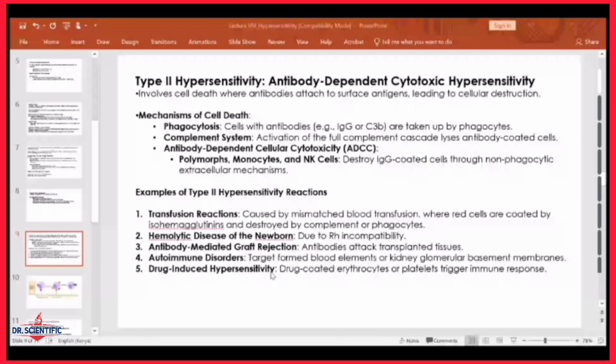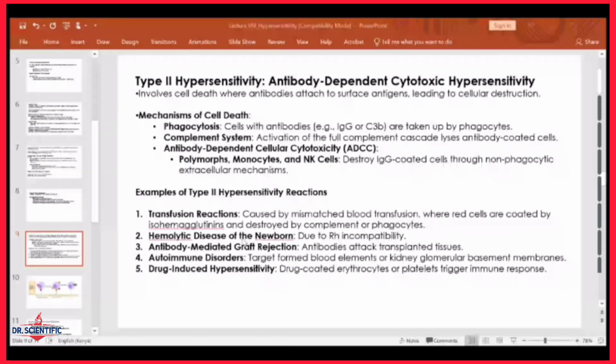Once that happens, they are marked by natural killer cells. Even cytotoxic T cells are able to kill these cells because they've been marked or opsonized.